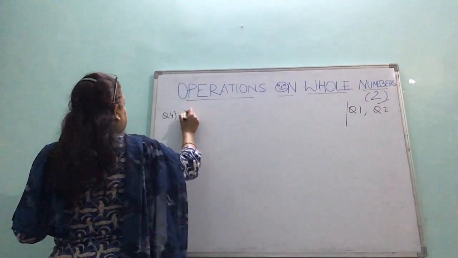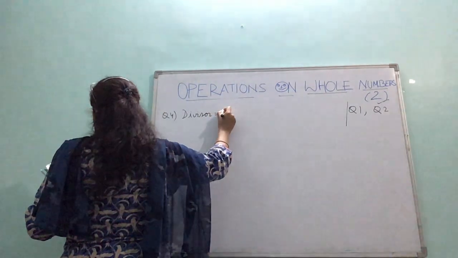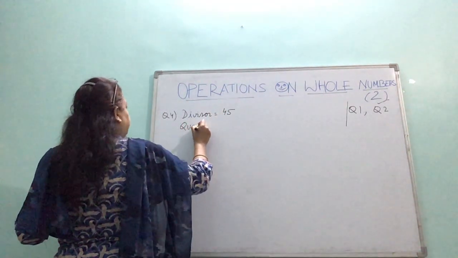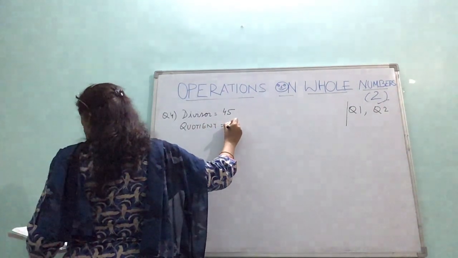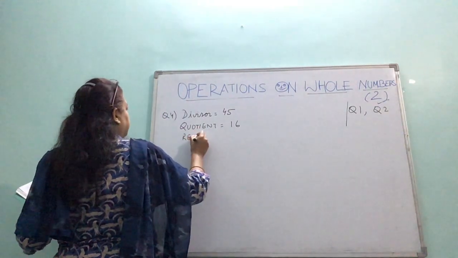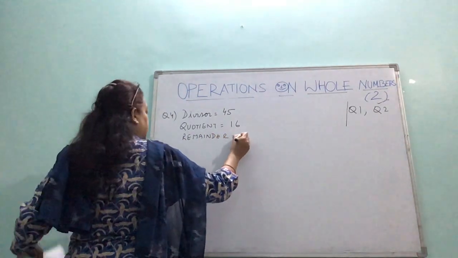So I'll write down what is given to us. Divisor is 45, quotient is 16, remainder is 9.